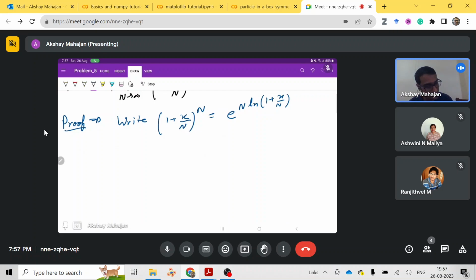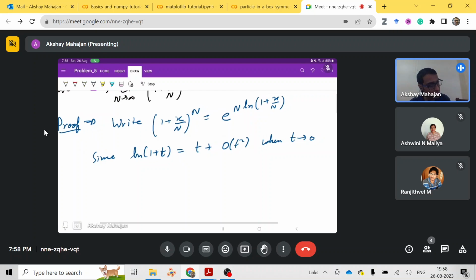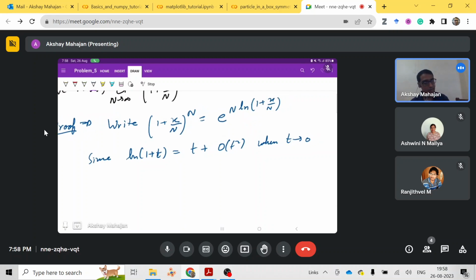Alright, so now we have this. Now we know that if we have ln of 1 plus t, it goes as t plus order of t square when t tends towards 0.